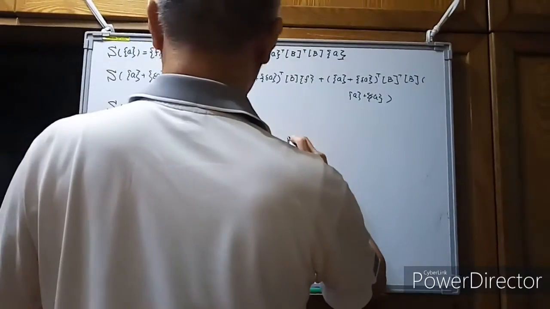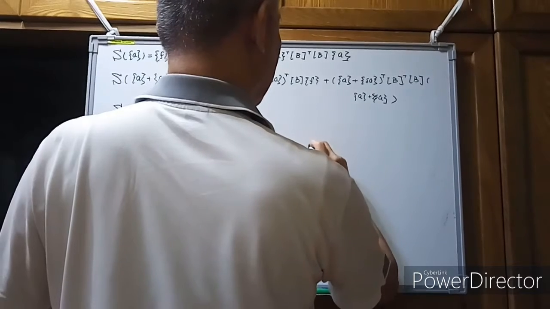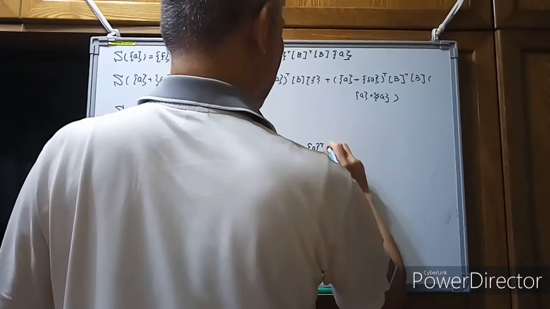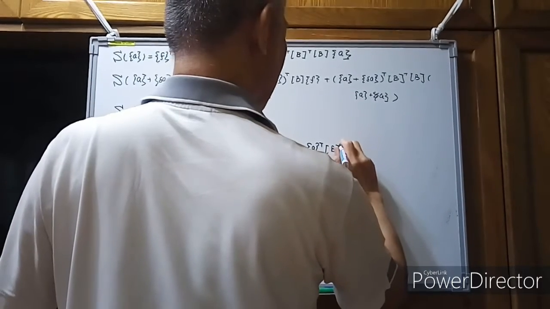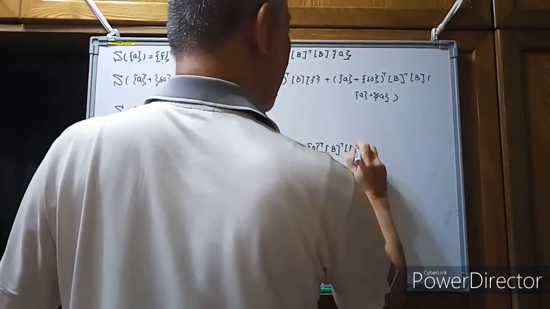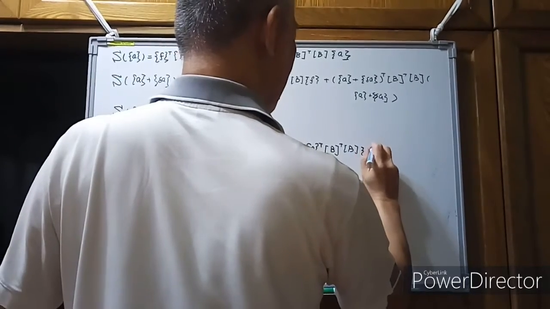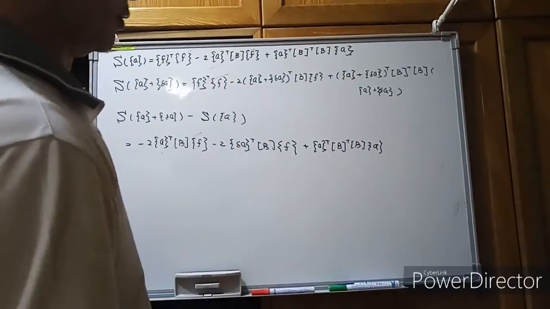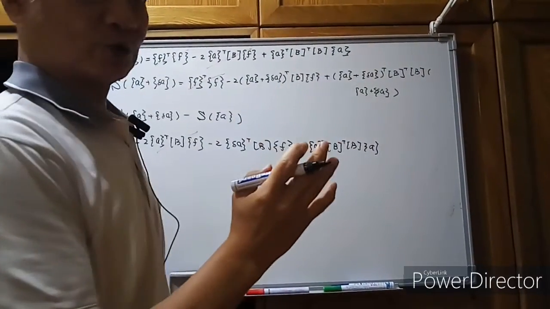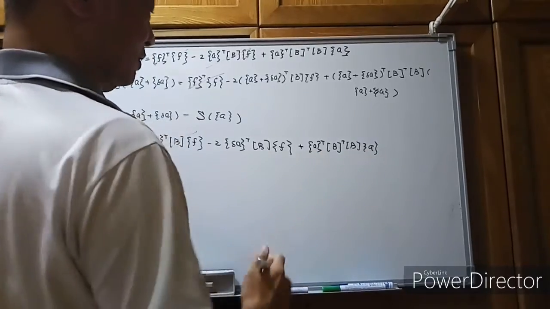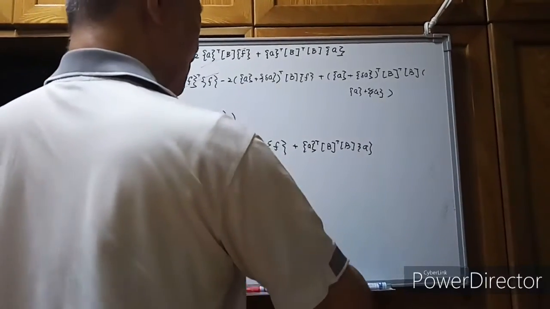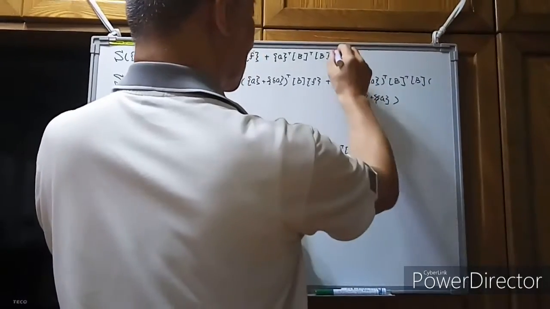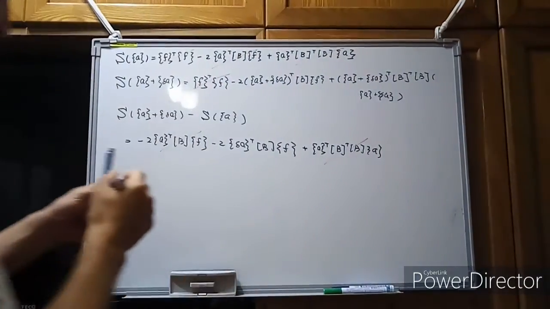The first one, if I multiply this term, totally I can get 4 terms. That's the first one. And the first one, which is the same as this one, it also can be erased.